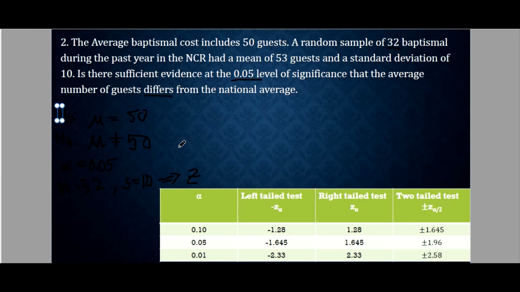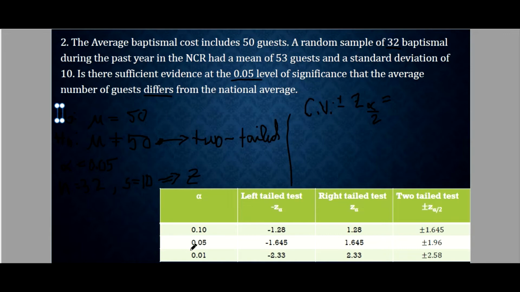Next we need to determine whether it's left-tailed, right-tailed, or two-tailed. In order for us to know that, we'll go back to our alternative hypothesis. Our alternative hypothesis uses the not equal symbol. Therefore, this implies that this is a two-tailed test. Therefore, our critical value looks like this: the positive and negative z sub alpha over 2.